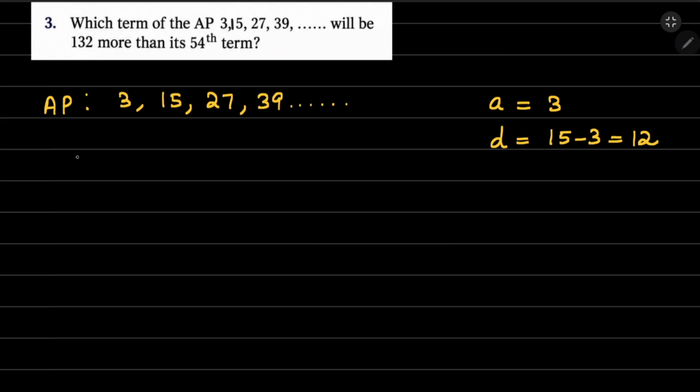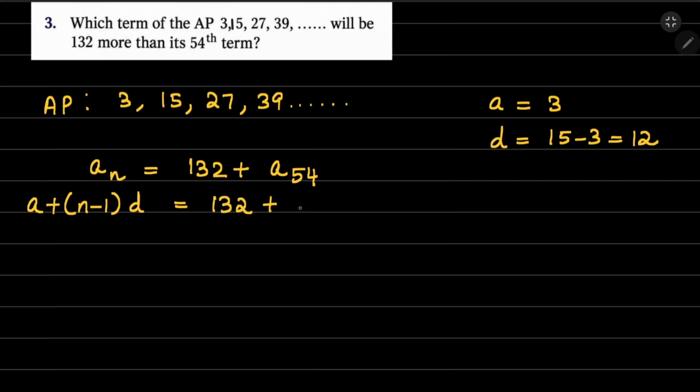So let an be 132 more than its 54th term. Let's do it the same way. A plus n minus 1 into d is equal to 132 plus a plus 54 minus 1 into d. Let's substitute a and d.